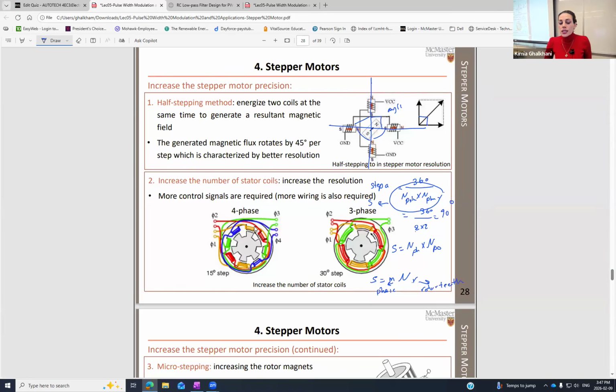Now, what is that teeth? That's why I introduced this one. Teeth means this stuff. How many teeth do I have? In order to calculate that S, you need to just know how many teeth you have and how many phases you have. Make sense?